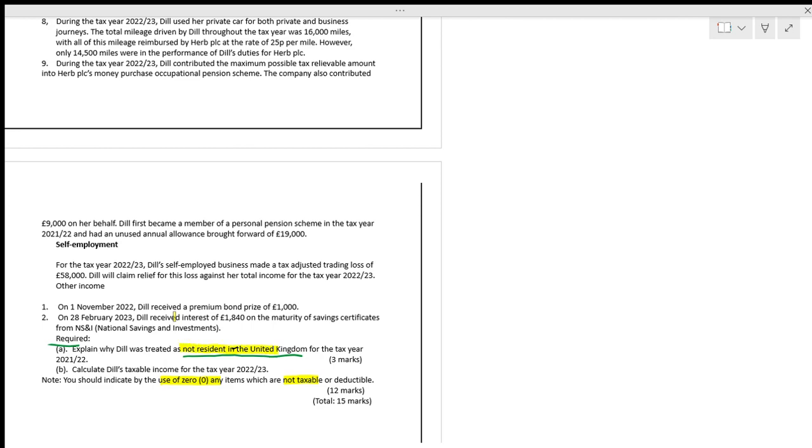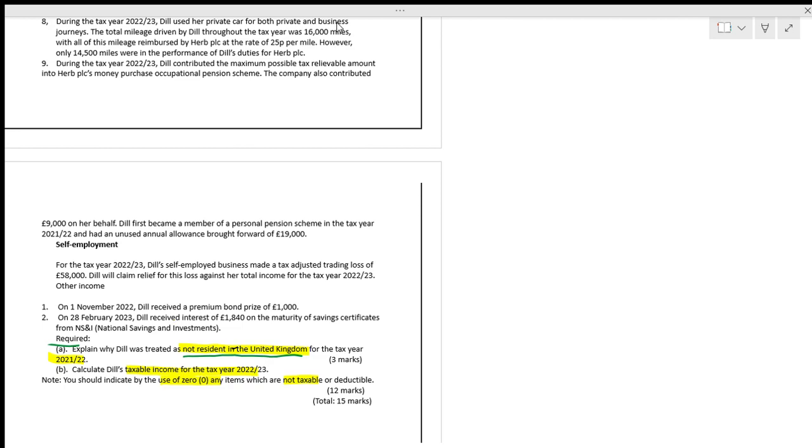They are only saying that he is not a resident of the UK. Now we have to give the reasons why he is not a resident of the UK for the tax year 2021-22, and calculate Dill's taxable income for the year 2022-23.